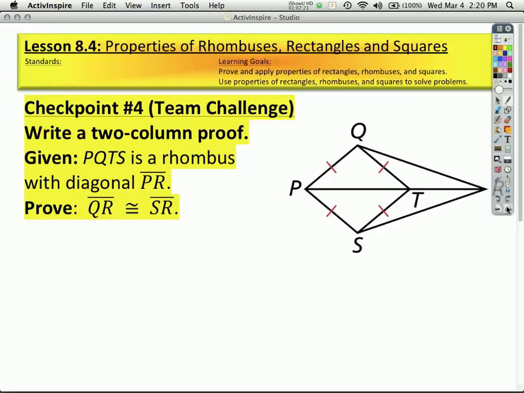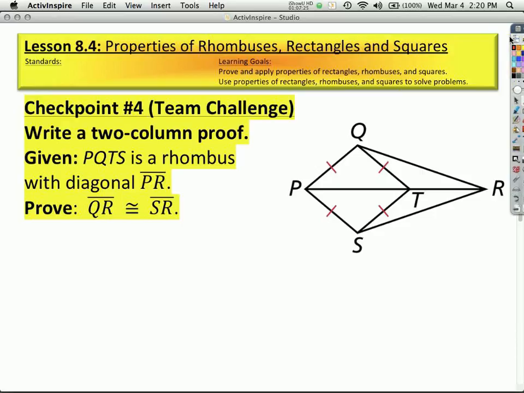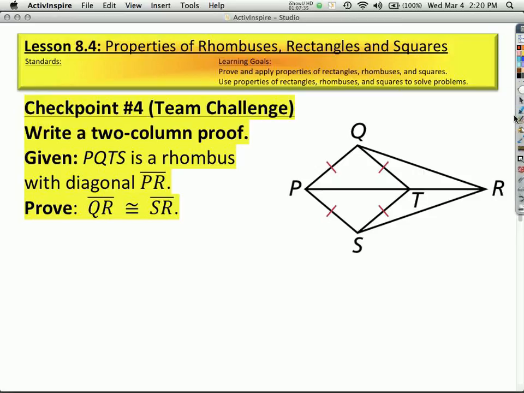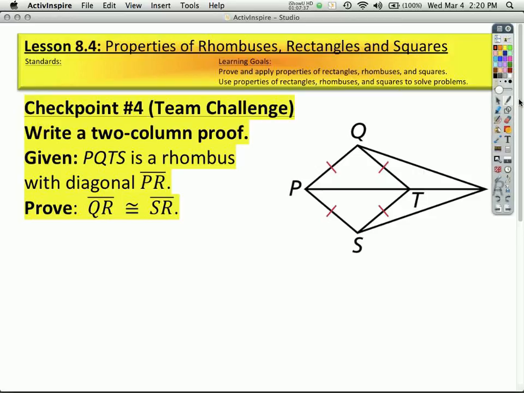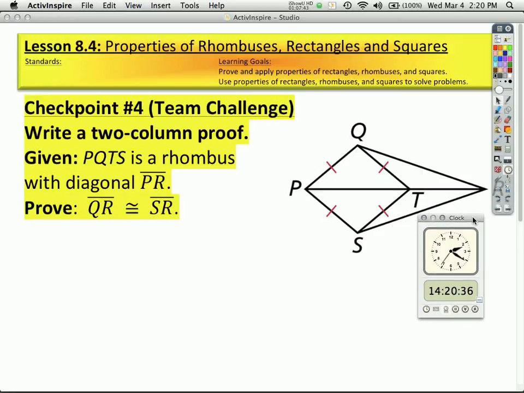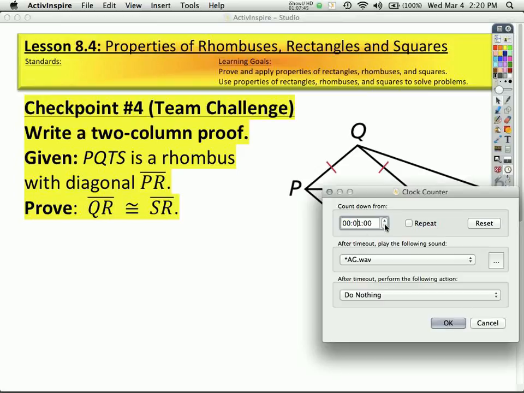I would like you to prove that QR is congruent to SR. So I would like you to prove that that is congruent to that. Remember, you need to gather evidence to support your conclusion. Okay? Any questions? About 8 minutes.